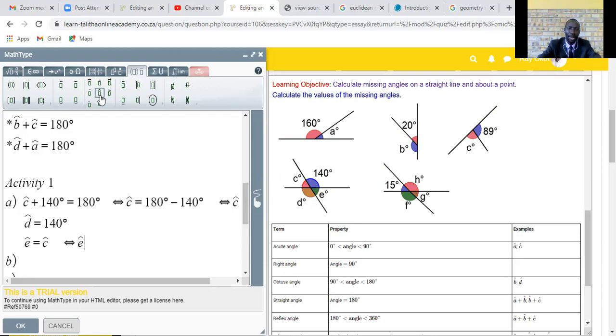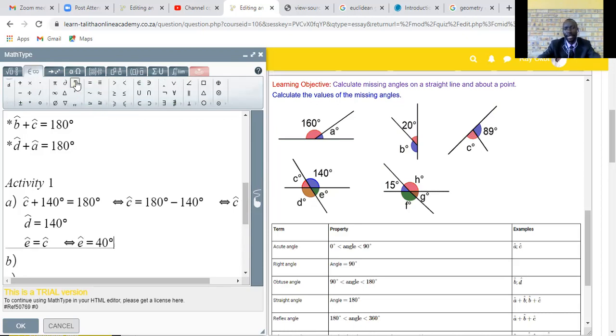Okay, so we say angle E equals 40 degrees. Why? It's because C equals 40 degrees. So that is how we calculate the value of angle E.